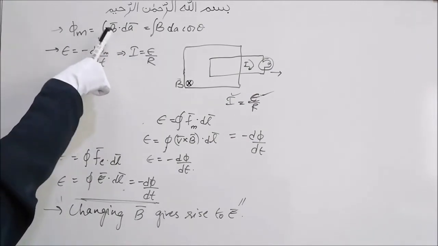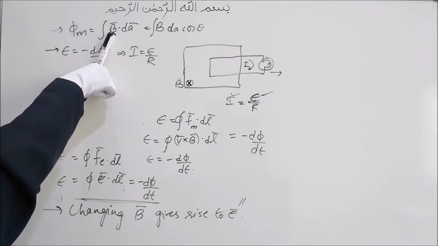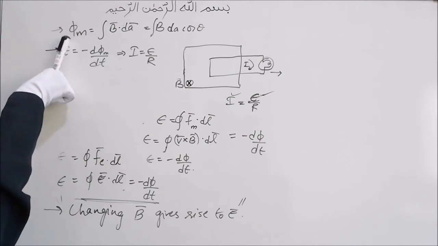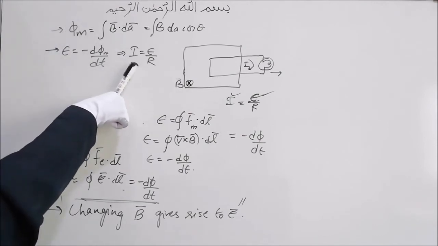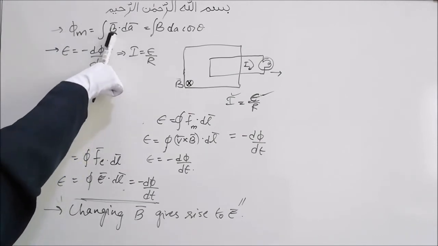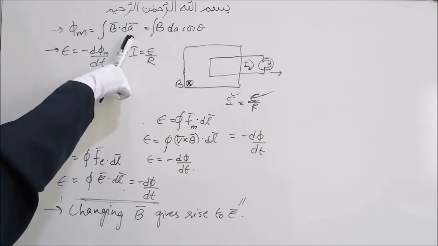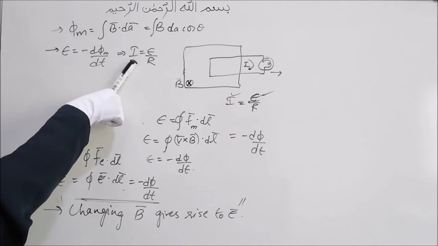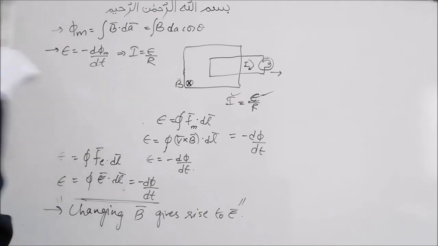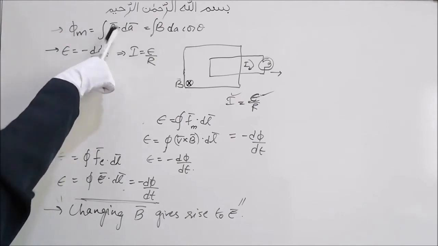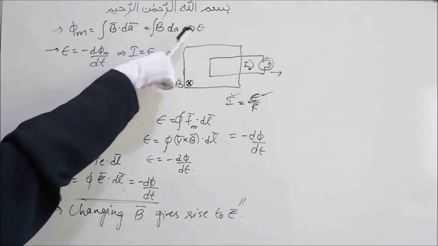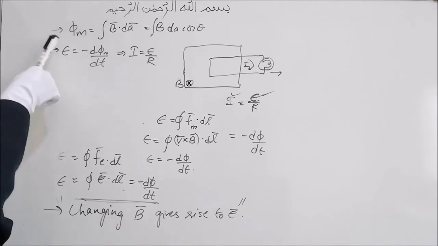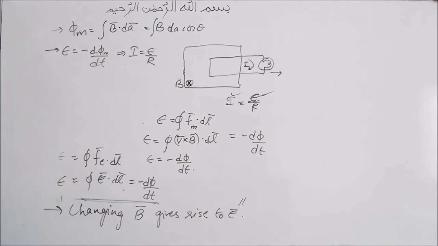Here we can see that if the magnetic field is constant and the area is changing, then phi m will change and current will be induced. Or if the magnetic field is changing and the area is constant, then again phi m will change and the current will be induced. Or if both are constant but theta is changing, for example the loop is rotating, then again phi m changes and the current will be induced.